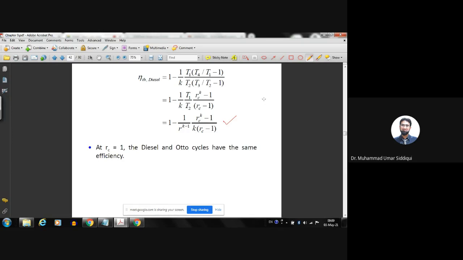Okay, suppose it is said in the question to use the variable specific heat or to use the exact methodology. For the exact methodology, you cannot use this formula. For the exact methodology, there is only one formula which you studied in chapter number 6: the work output divided by Q in is going to give us the efficiency of the heat engine.